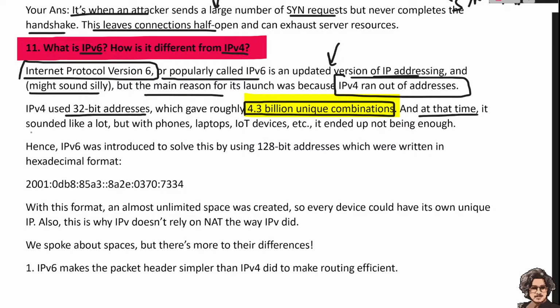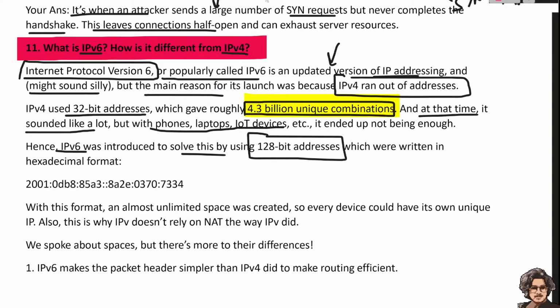At that time it sounded like a lot, but with phones, laptops and IoT devices it ended up not being enough. Hence IPv6 was introduced to solve this problem with 128-bit addressing.